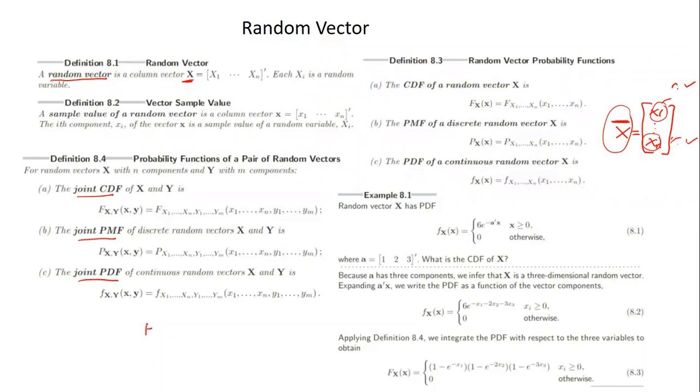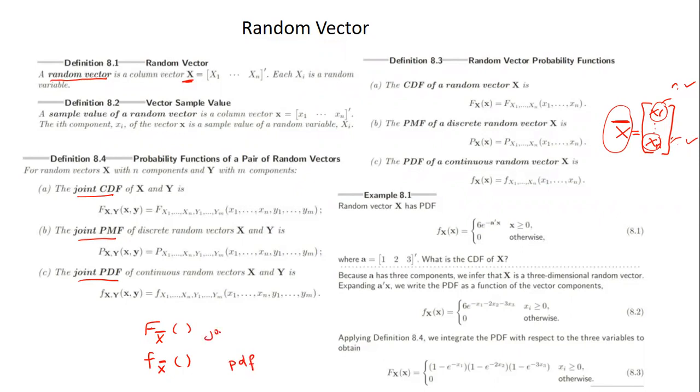So capital F refers to the joint CDF, where x is a vector, so we use a bar here. Or f of X, again, this is the joint PDF.